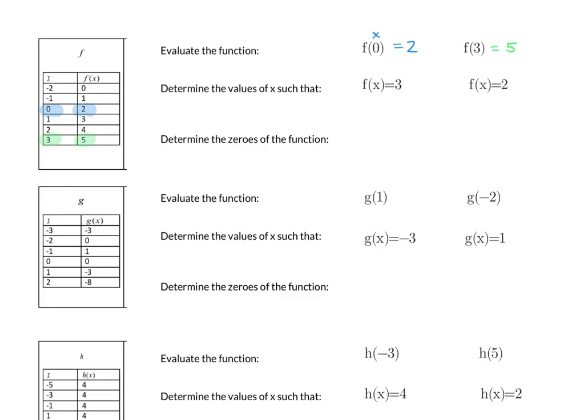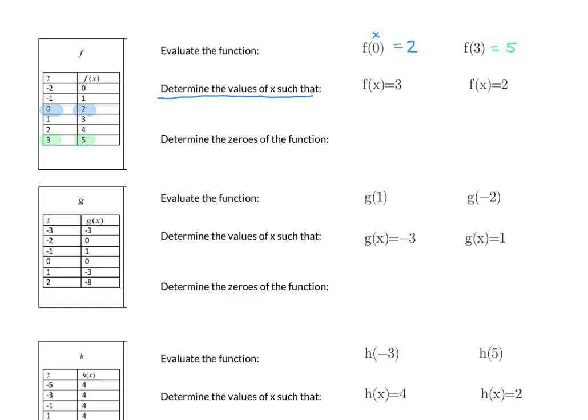Now we can go the other direction. When we go the other direction, we're always going to be told the following: determine the values of x such that f of x is equal to 3. That means we are looking for x, so we're going to be given the y coordinate.